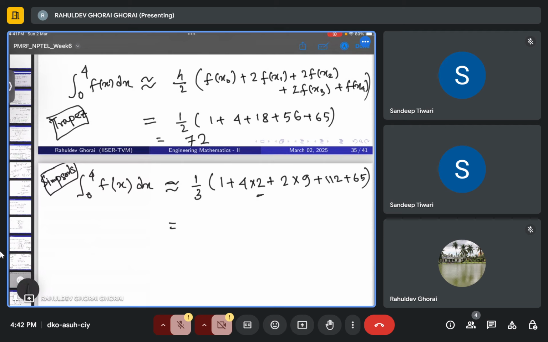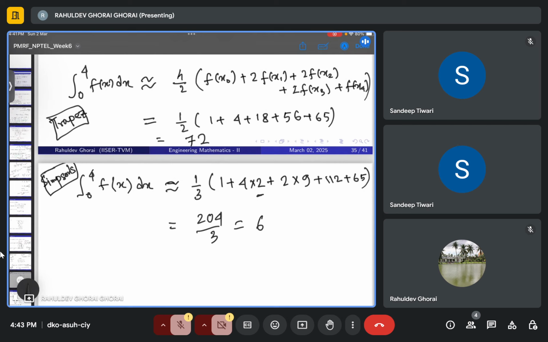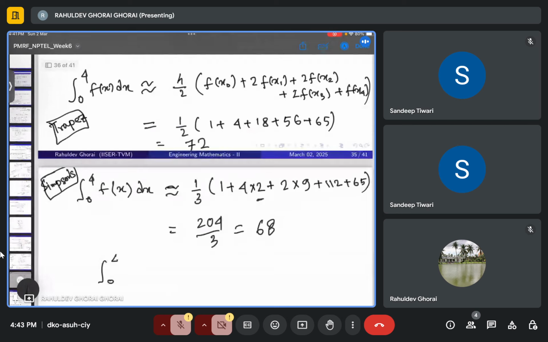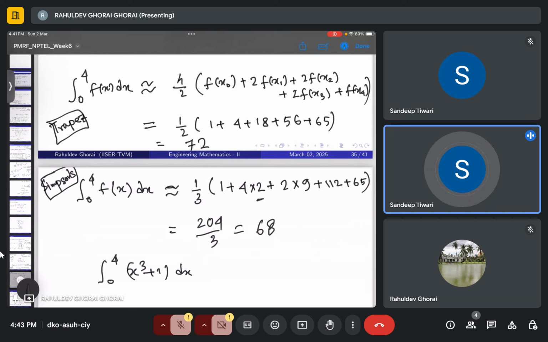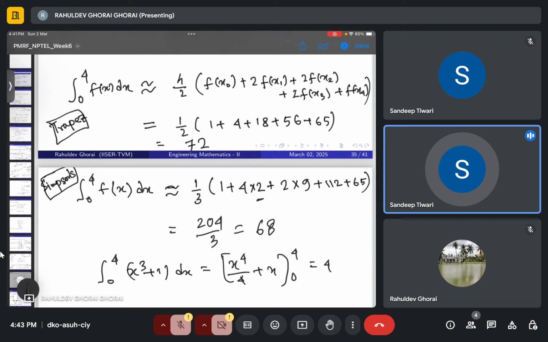What is that? 68. Okay, see how much error we will get. So from 0 to 4, what was the actual one? x to the power 4 by 4 plus x, so 4 to the power 4 over 4 is 64, plus 4 is 68. Exactly, sir. We are getting the exact value.